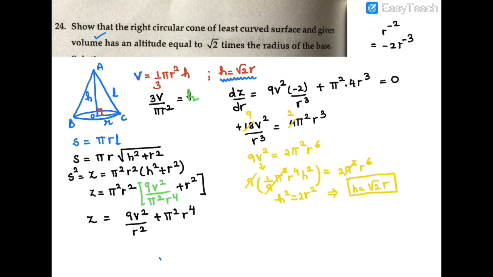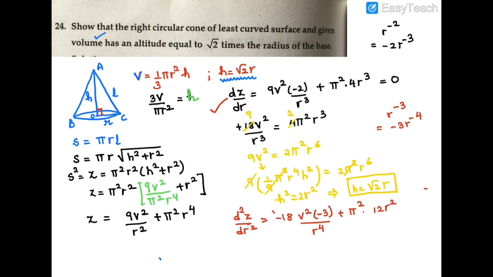Next, what I need to do is find out the double order derivative of this. So d square z by dr square is equal to minus 18v square, and in the same way the derivative of r to the power minus 3 is minus 3r to the power minus 4. So I'm writing here minus 3 and r to the power 4, plus pi square into 12r square.